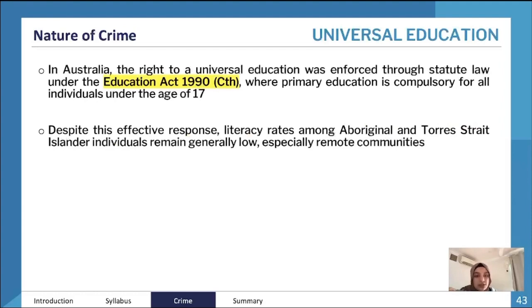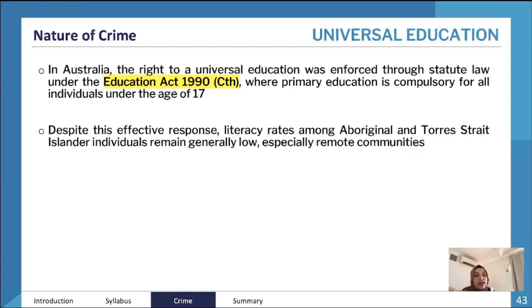In Australia, the right to universal education was enforced through statute law, which is legislation, under the Education Act of 1990, where primary education is actually compulsory for everybody under the age of 17. Despite the effectiveness of this response, literacy rates amongst ATSI individuals, or Aboriginal and Torres Strait Islander individuals, remain generally low, especially amongst remote communities.